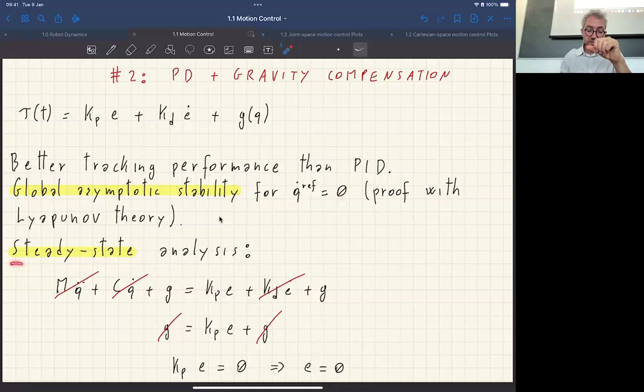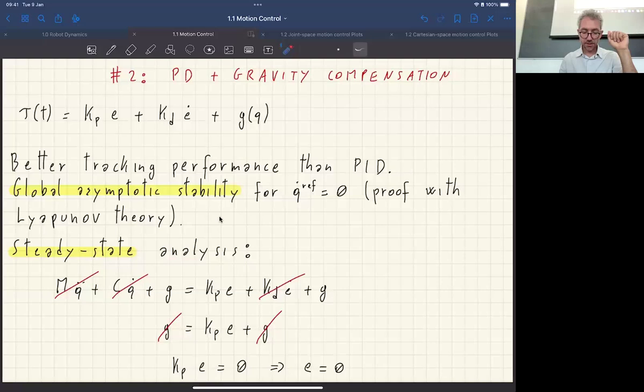We can also do the steady state analysis like we did before, to show that if we reach a steady state, then the error must be 0. Here it's even simpler. You write the dynamics of the robot on this side, the control law on the other side. You know that these two terms must be equal.